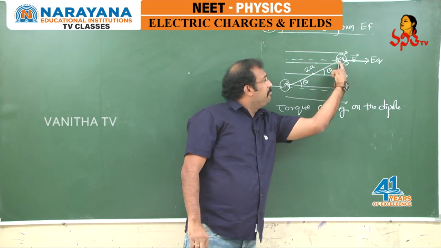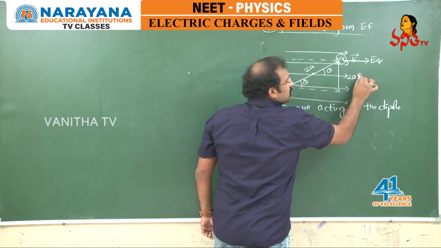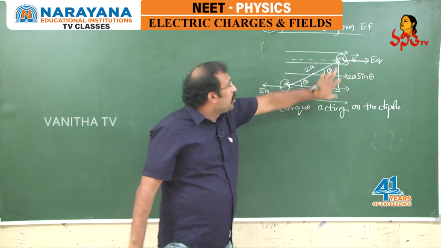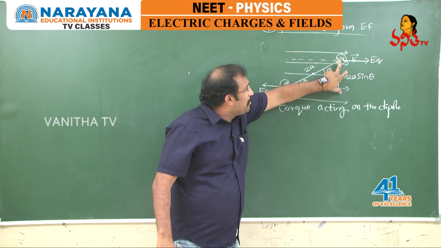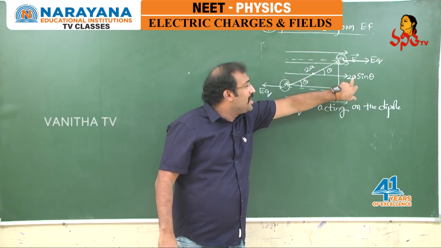Now this length will become 2a sine theta. This opposite side, which is the perpendicular distance between the lines of action of these two forces, is 2a sine theta.